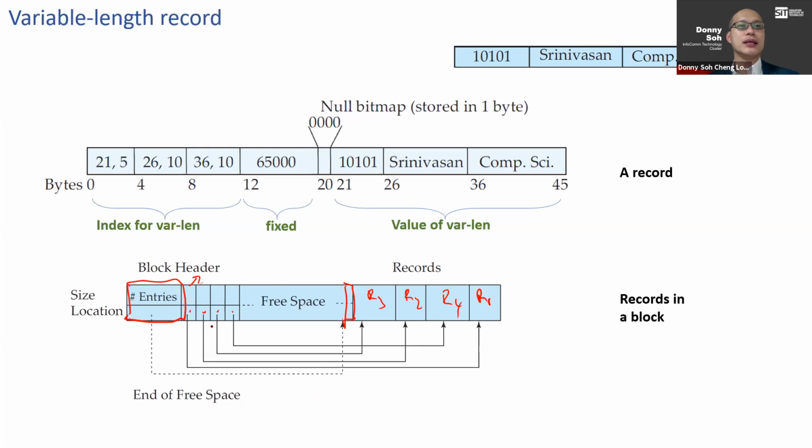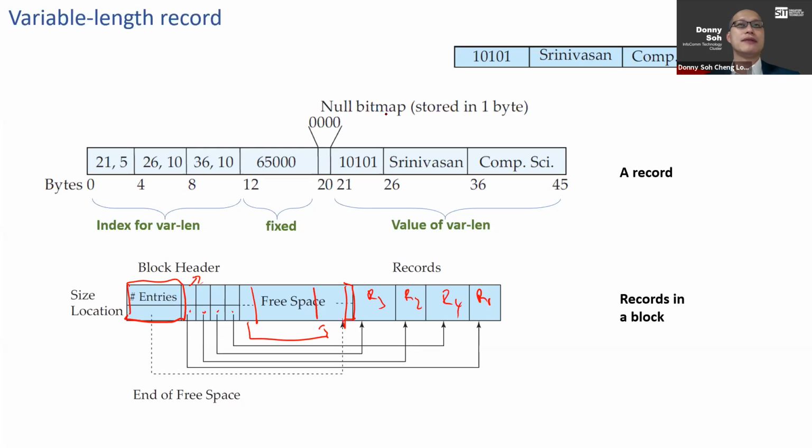So subsequently, each of these pointers would point to the start of their respective records. So this is how it is being stored in the block. Of course, if I have another one, then I will start to point to here.